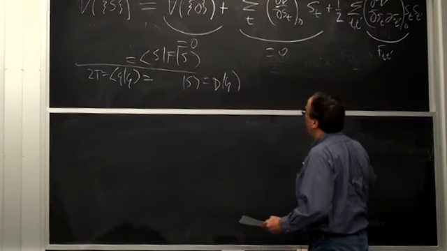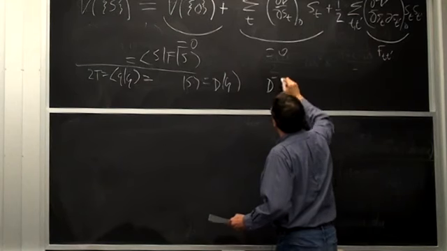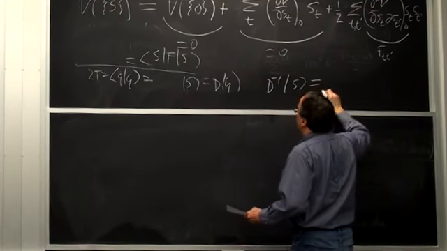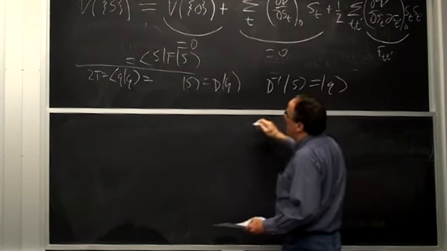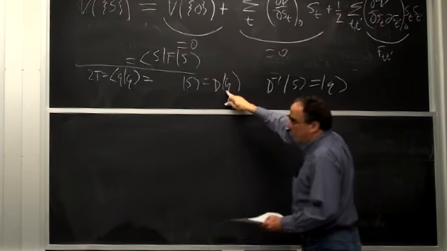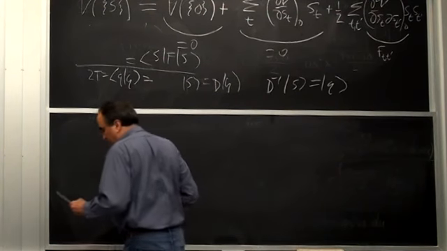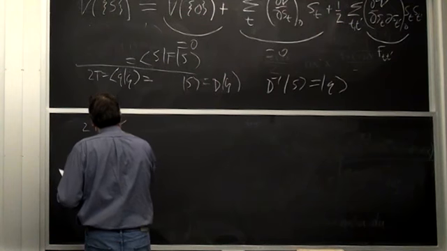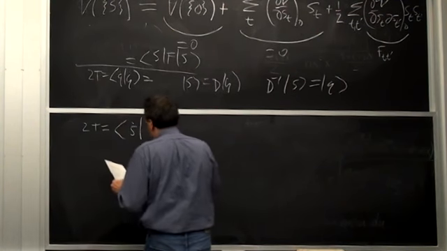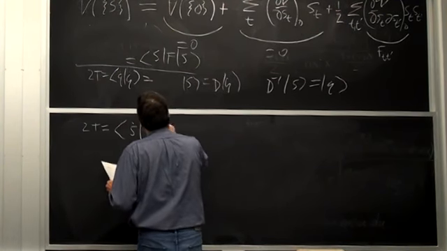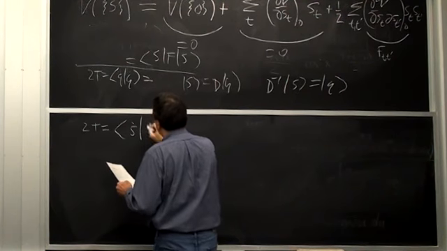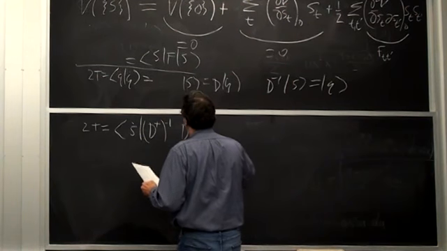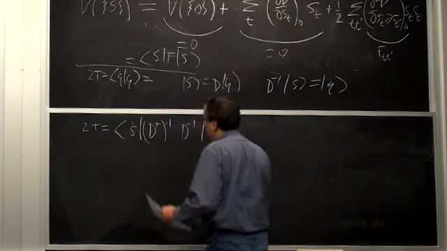So let's do that. D minus 1 S is equal to Q. And so we can simply rewrite things. 2T is going to be equal to S dot D dagger minus 1 D minus 1 S dot.